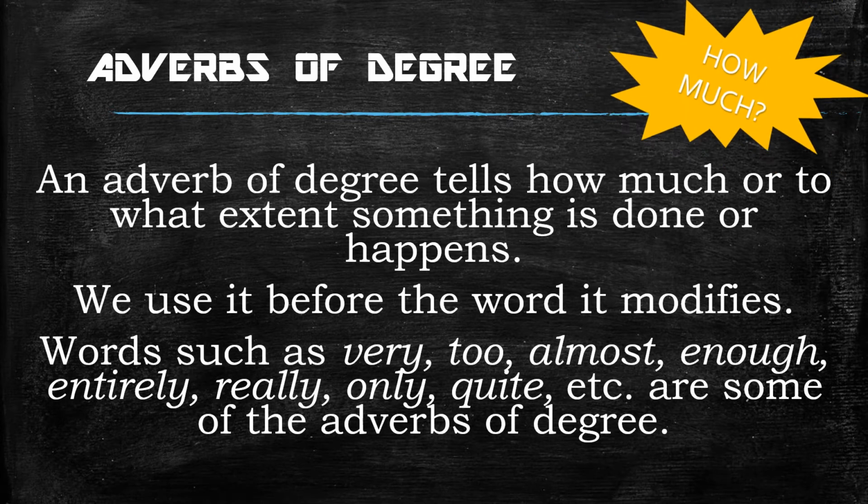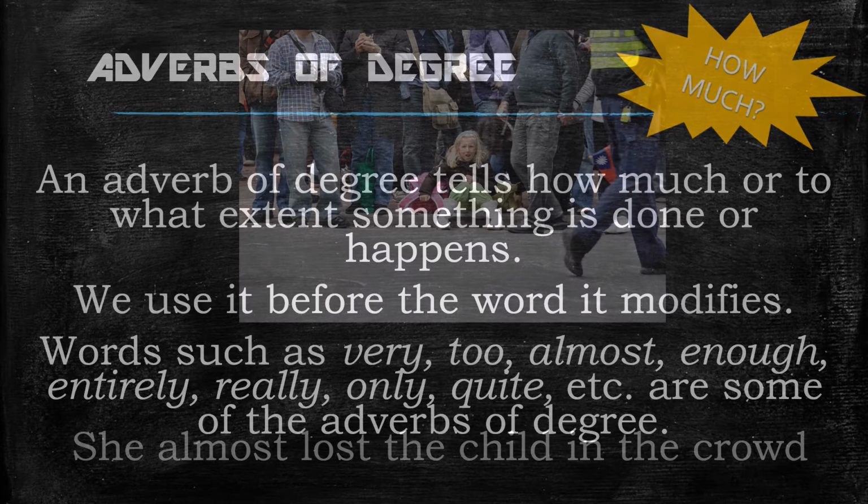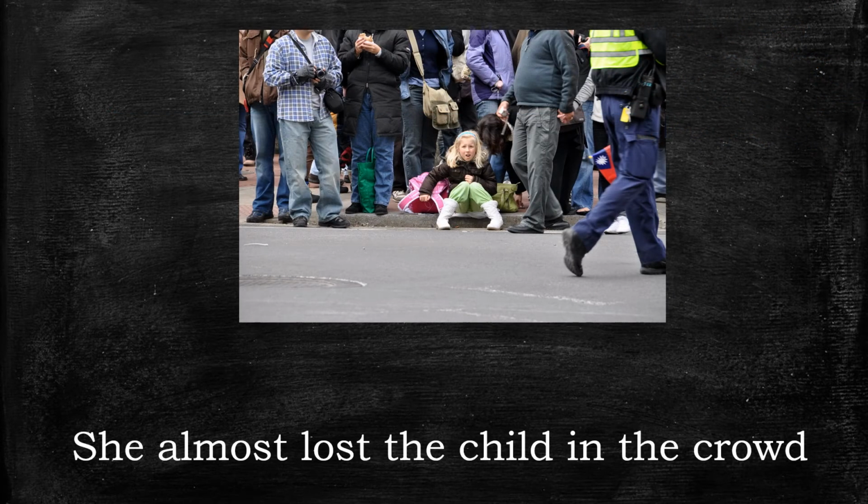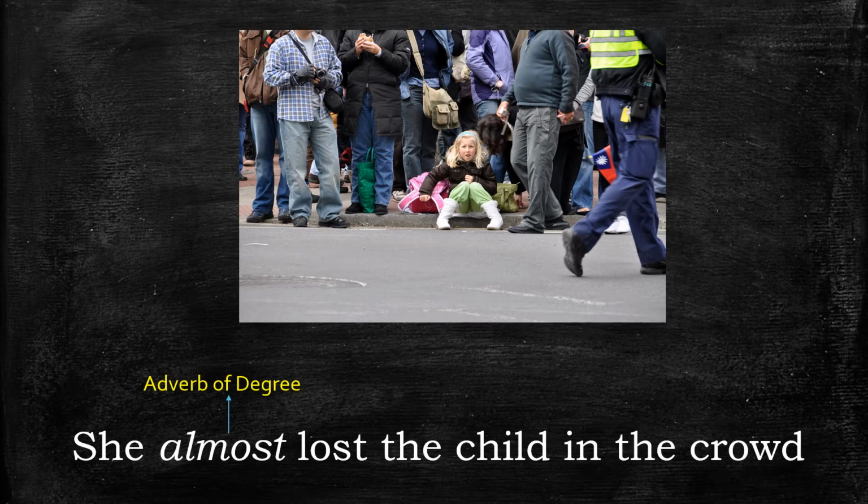Words such as very, too, almost, enough, entirely, really, only, quite, etc. are some of the adverbs of degree. For example, she almost lost the child in the crowd. Here in this sentence, the adverb is almost.